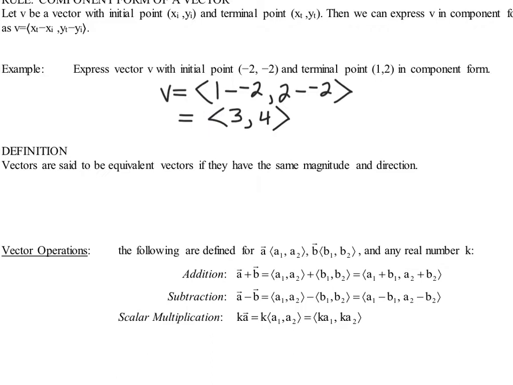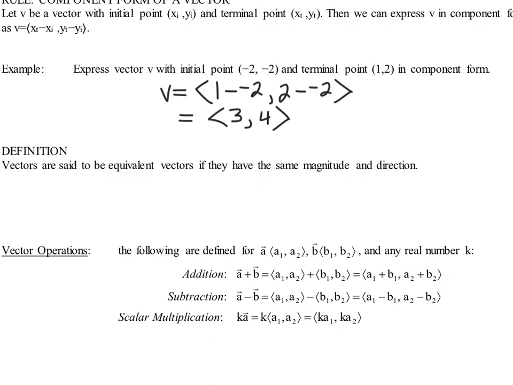Some properties of vectors. I think some of them are obvious. For addition and subtraction, you're talking about just adding the corresponding components. So we're denoting here with a sub 1, a sub 2 to represent vector A, b sub 1, b sub 2 to represent vector B. You're just adding the x values of each vector together and then the y values of each vector.